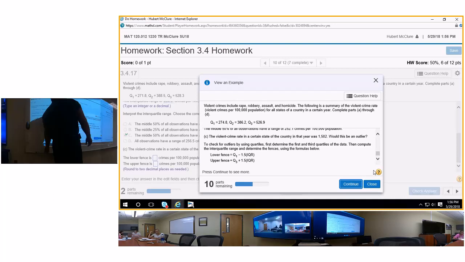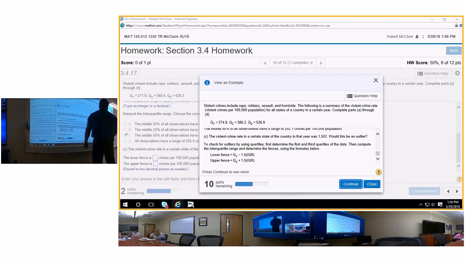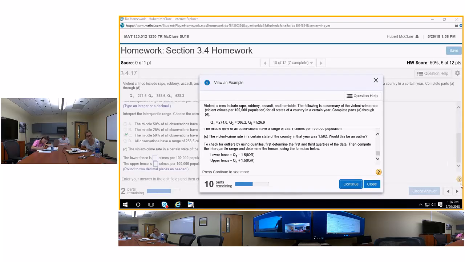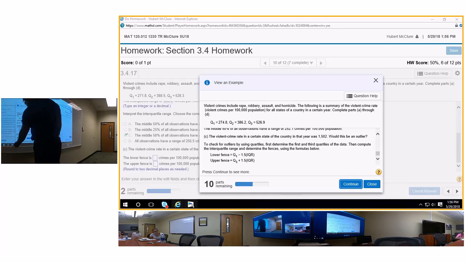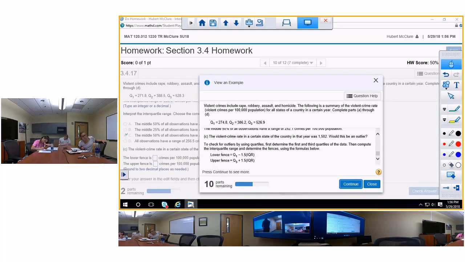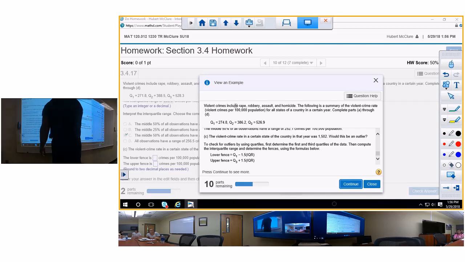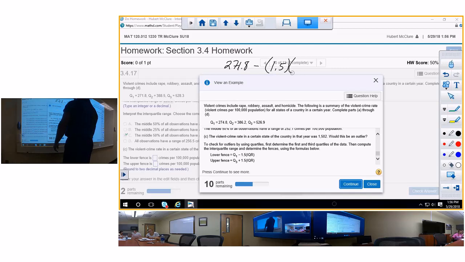Let me write it up here. Where did my whiteboard go? All right. So I'm going to take 271.8, and I'm going to subtract 1.5 times, what was our interquartile range? 256.